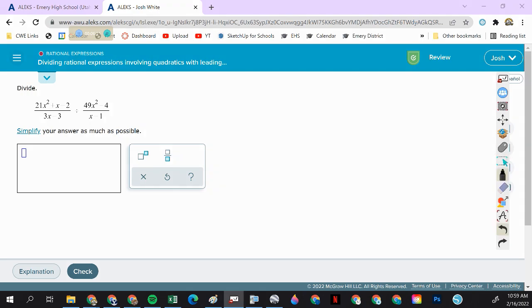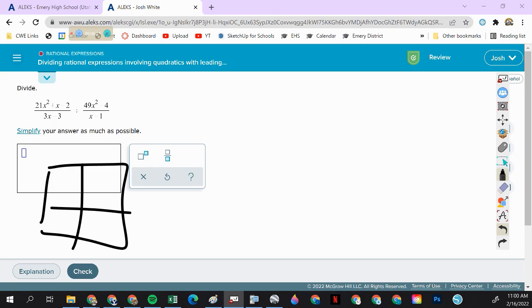Same idea here. I cannot pull out a 21 in the numerator of the first fraction. So I draw my box. 21x squared and negative 2. Multiply those together: negative 42x squared. What factors of negative 42 will add to be 1? 7x and negative 6x.